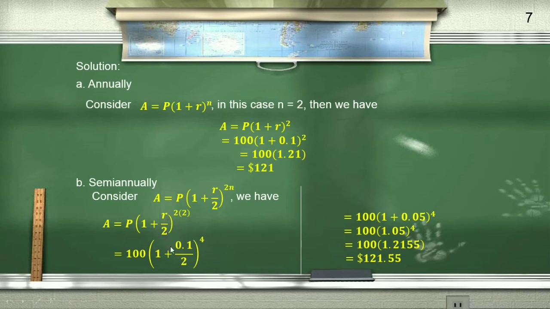Since r equals 0.1, this term becomes (1 + 0.1/2)^4, and we multiply by 100. Right here, for the result, we have $121.55.